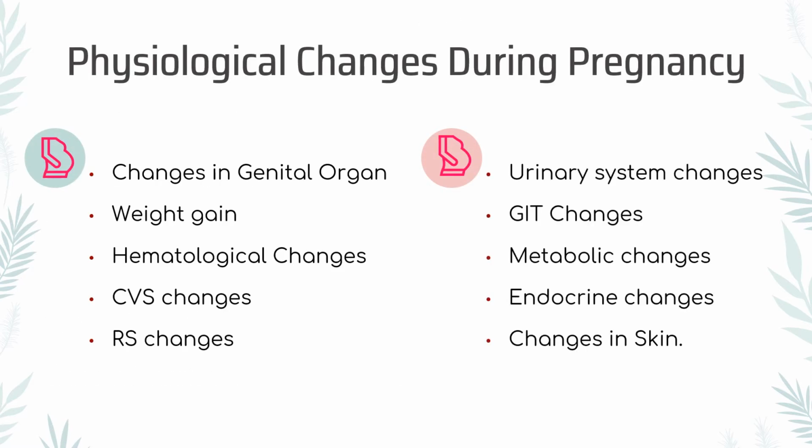Physiological changes in mother during pregnancy. Normal average duration of pregnancy in human is 40 weeks, approximately 280 days, and it is calculated from the first day of the last menstrual cycle.